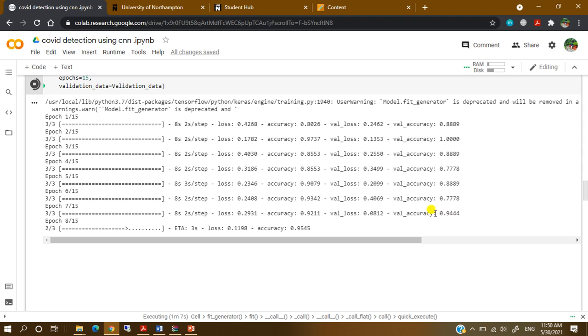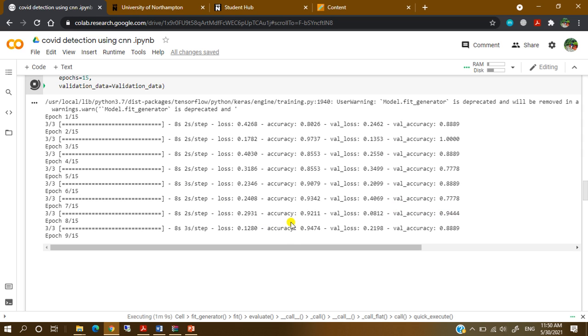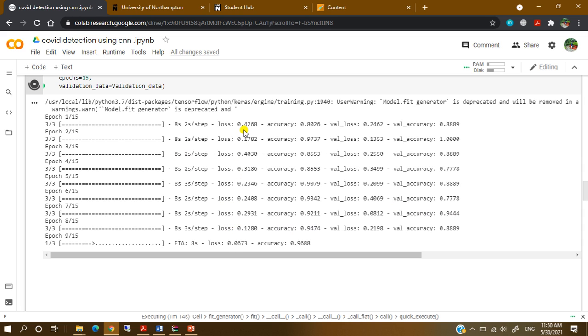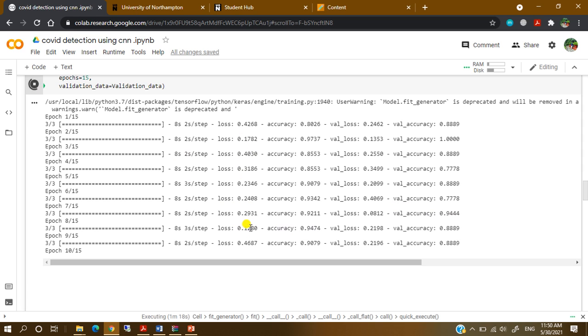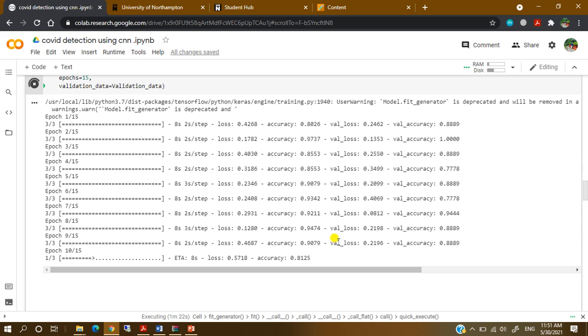Compared to the first one, the loss is now lower. That means the model is working.